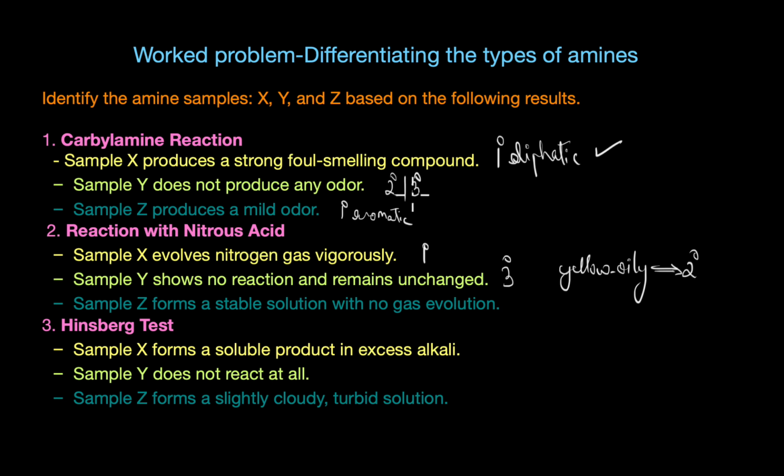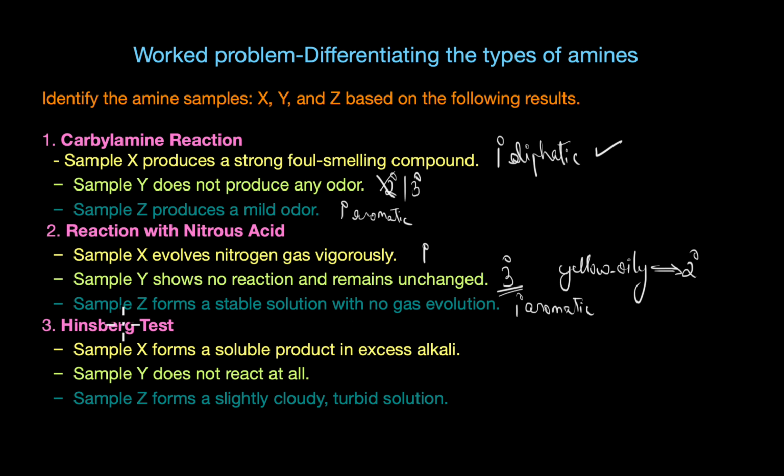So from here we can confirm that it is not a secondary amine but most likely a tertiary amine because there is no reaction happening. And Z forms a stable solution with no gas evolution. So this again points towards a primary aromatic amine, saying that the stable solution is most likely a benzene diazonium chloride, correct? It's again pointing towards a primary aromatic amine here.